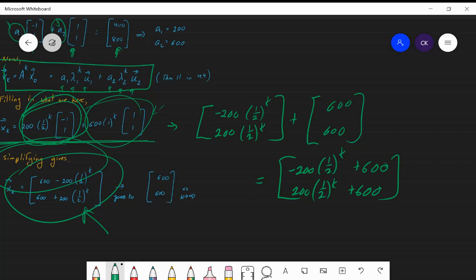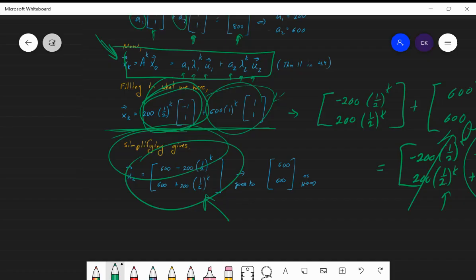So now we take the limit as k goes to infinity. When we do that, each one of these terms will go to 0 because (1/2)^k, or 1/2 to the infinity, is going to end up going to 0. So these terms drop out, and we're just left with the limiting value, which is the vector 600 and 600.